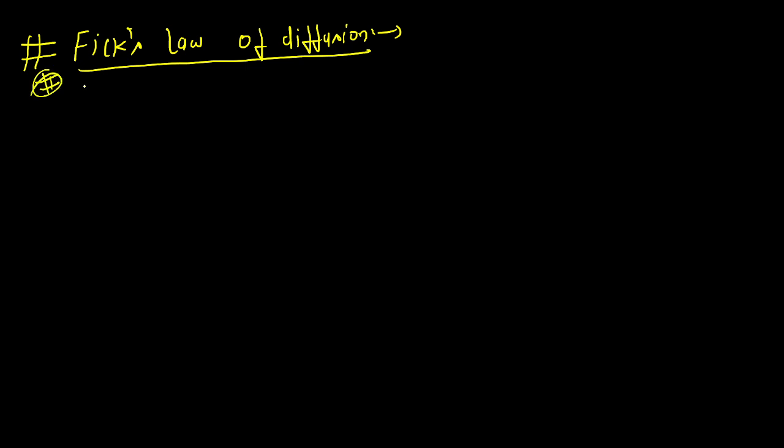Fick's law of diffusion says that the diffusive flux relative to the average velocity of the fluid mixture, in the absence of any convective transport, the diffusive flux and total flux will be the same, right? If there is no convective flow, what does it say?